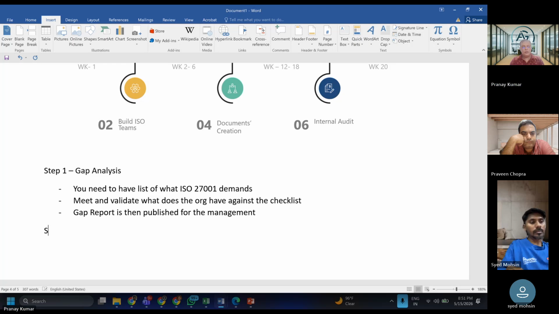Step 2, not mandatory, but we prefer to build internal ISO teams. One team which is more like the leadership group. We call them the steering committee. This team does not need to be involved everywhere.